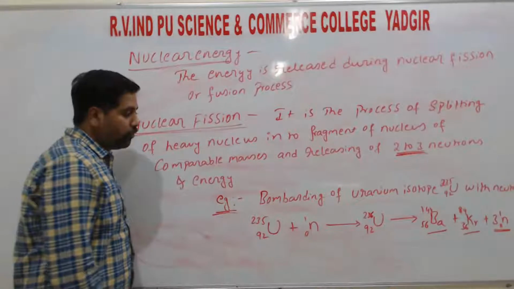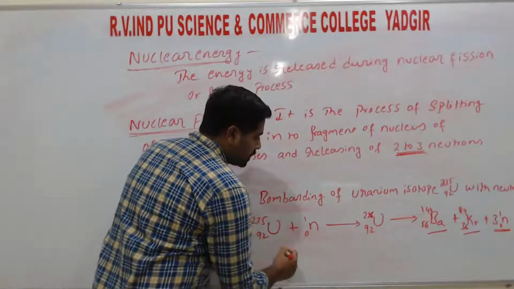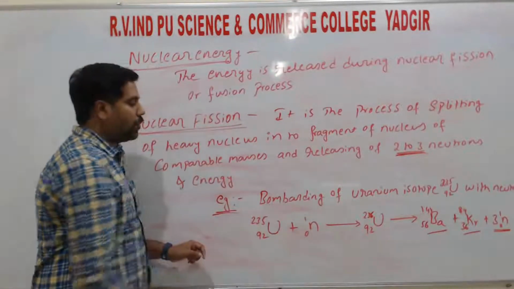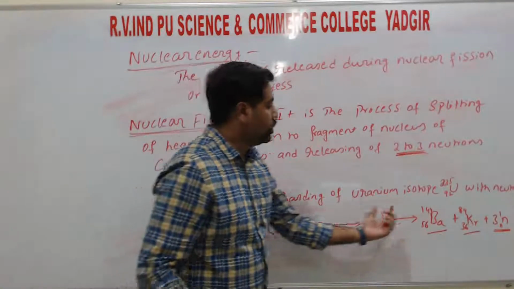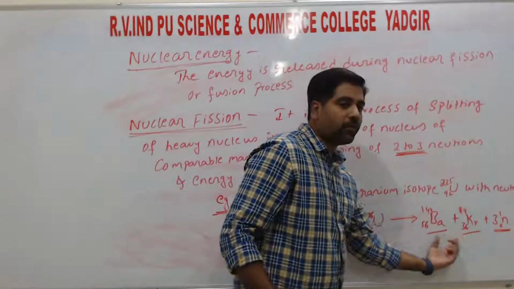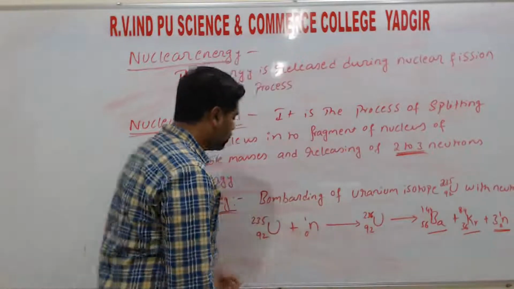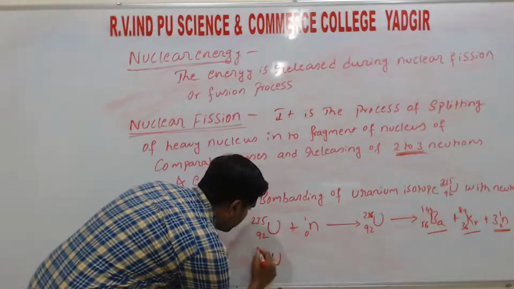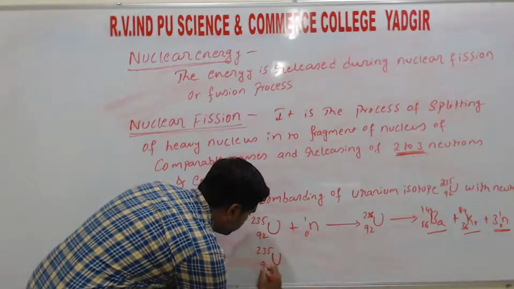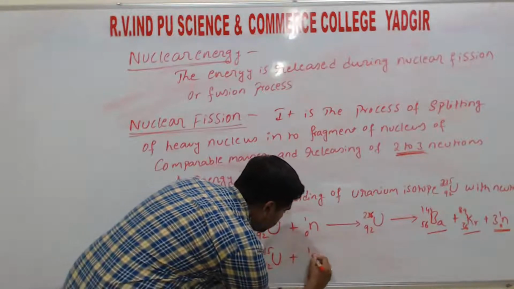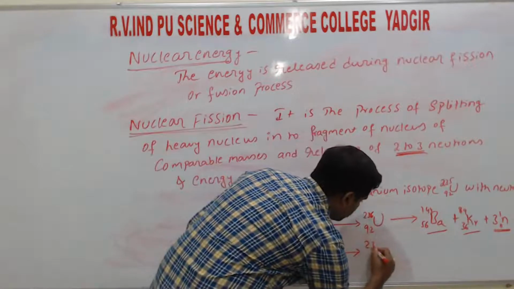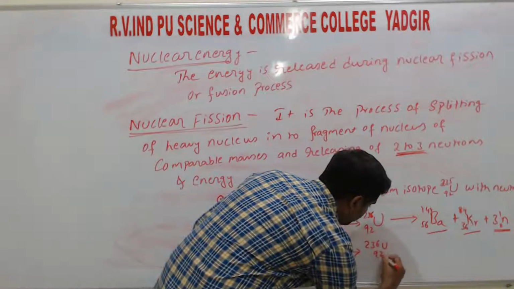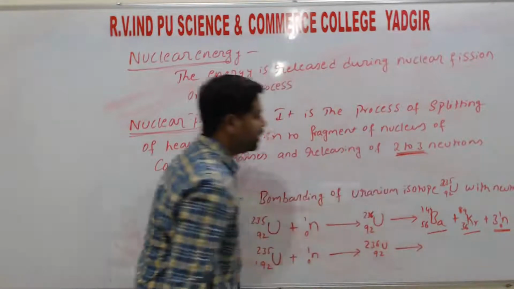Similarly, for the same reaction, that means uranium bombarded with a neutron, we get different elements of different mass numbers, right? If we take one more example, uranium 235, 92, plus 1 neutron, we get uranium 236, 92.